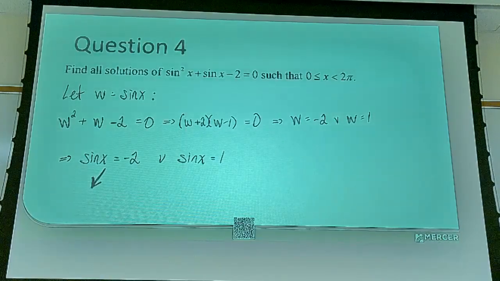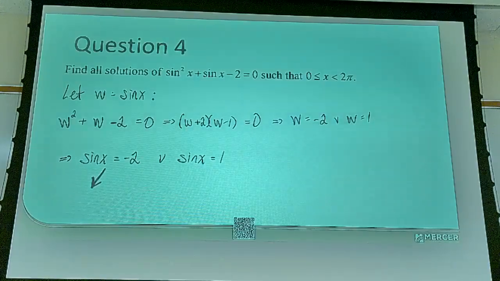Now I want to write the range of sine and cosine down somewhere, because it's very important. Sine and cosine are only between -1 and +1. So where is sine equal to -2? Nowhere. That is the empty set. That has no solution.